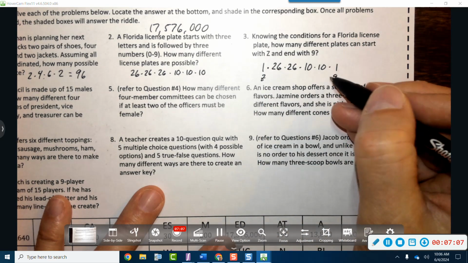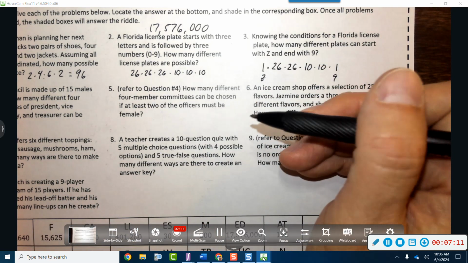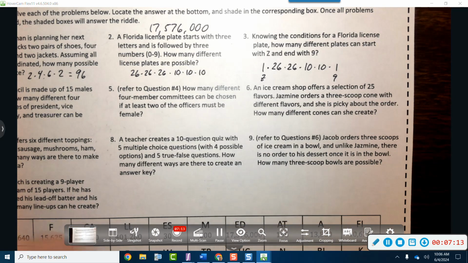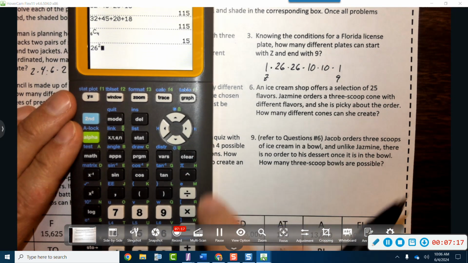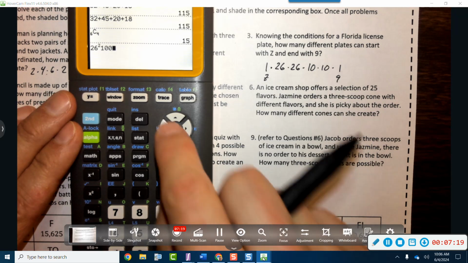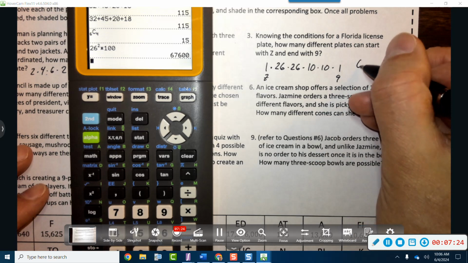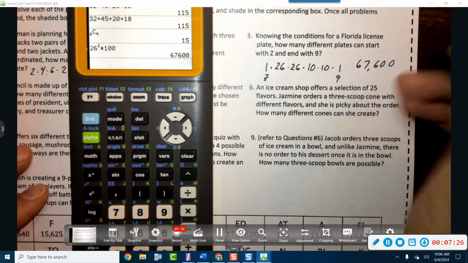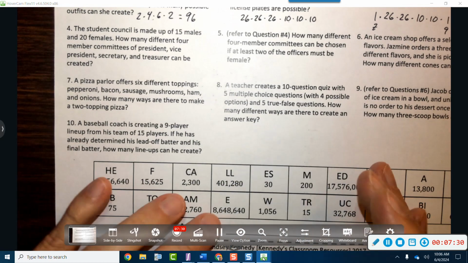So there's only one way that you can have the 9 and only one way for the Z. So how many different plates have that? Well, what is 26 squared? 26 squared times 10 squared, which is 100, is 67,600.